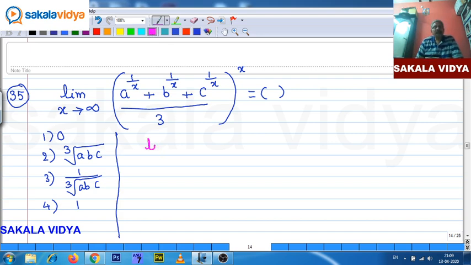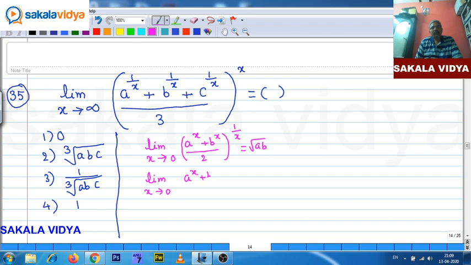See, limit x approaches 0 of ((a power x plus b power x) by 2) whole to the power of 1 by x is root ab. Limit x approaches 0 of ((a power x plus b power x plus c power x) by 3) whole to the power of 1 by x.